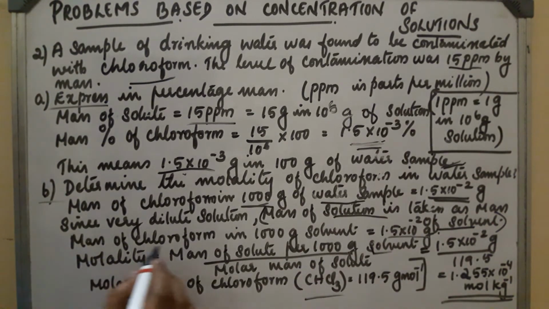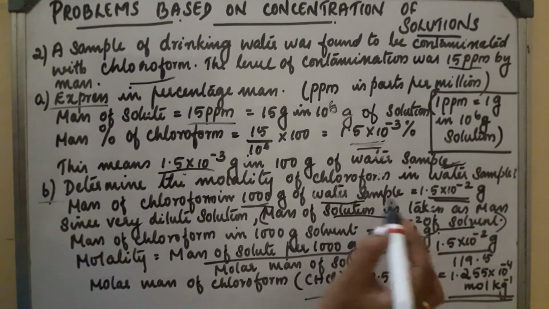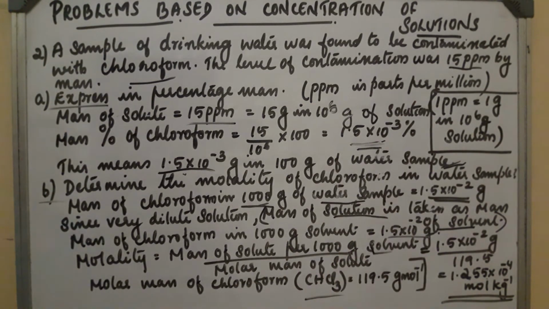So the mass of the chloroform, the solute, in 1000 gram of the solvent is equal to 1.5 into 10 raised to minus 2 gram. So we got the mass of the chloroform in 1000 gram of the solvent.